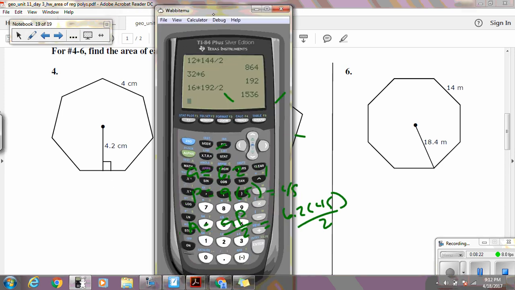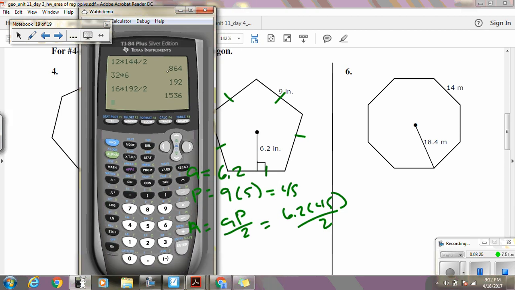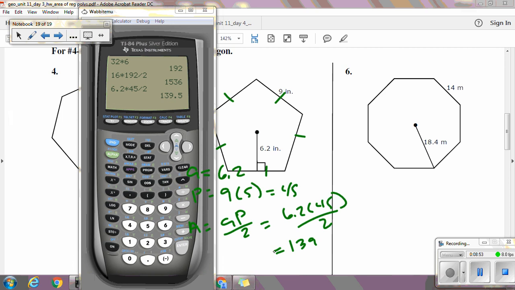Again, you only use 30, 60, 90 on a hexagon when they do not give you the apothem, but only one side. So the area is 139.5 inches squared.